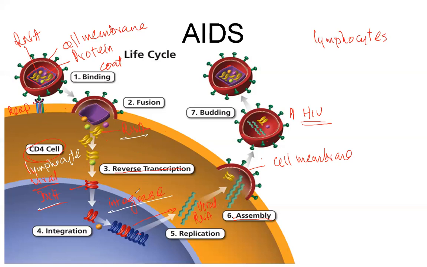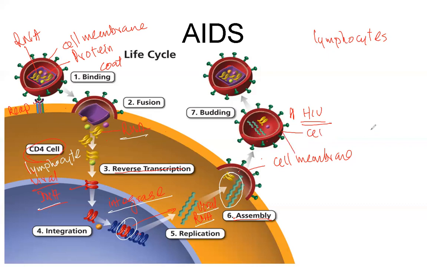Integrase adds the DNA to human DNA, and by hiding in the human DNA, the DNA of the virus produces copies of viral RNA and proteins, which assemble into a complete virus. And when it comes out of the cell, it gets a covering of the cell membrane. See, that's the cell membrane covering.